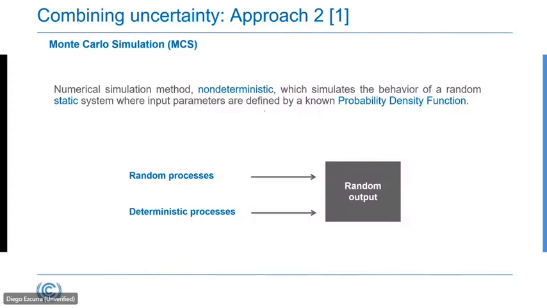Whatever the process we are modeling, Monte Carlo simulation was developed for random processes. It's a random simulation technique, so if you model a random process, as an outcome you will see a random output. You will not see a number, you will see a probability density function as the outcome.